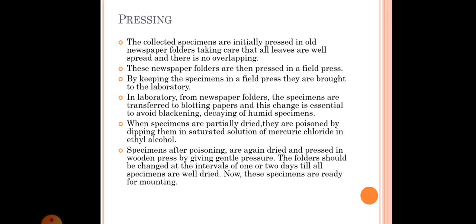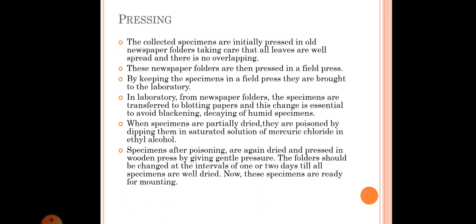In the laboratory, from newspaper folders, the specimens are transferred to blotting papers, and this change is essential to avoid blackening and decaying of humid specimens. When specimens are partially dried, they are poisoned by dipping them in a saturated solution of mercuric chloride in ethyl alcohol.